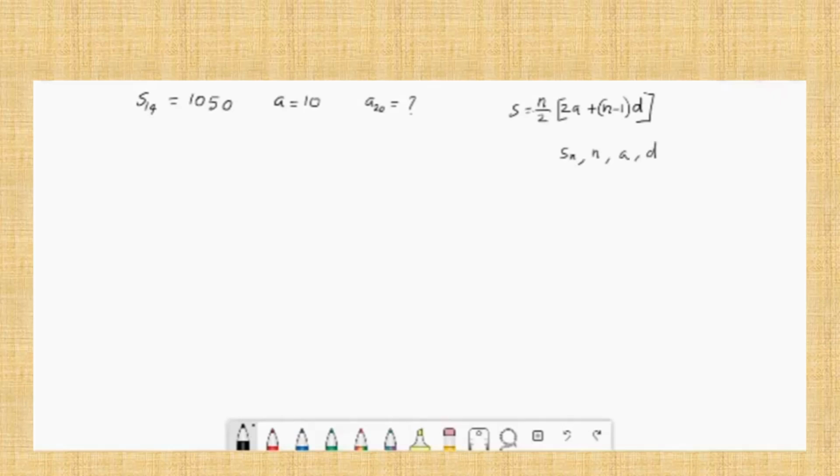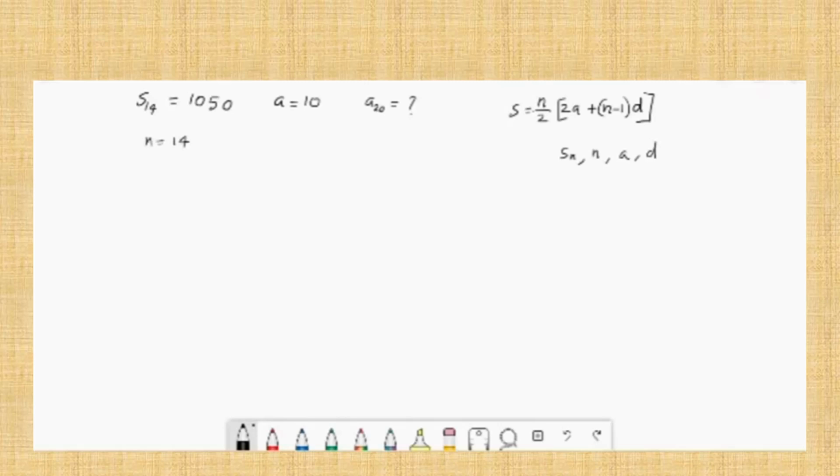So when you learn a new formula, what is n? N means the number of terms. How many numbers are we adding? In this question, n is given, right? S14, so n is also given. So we can write n is 14, right? Very good.